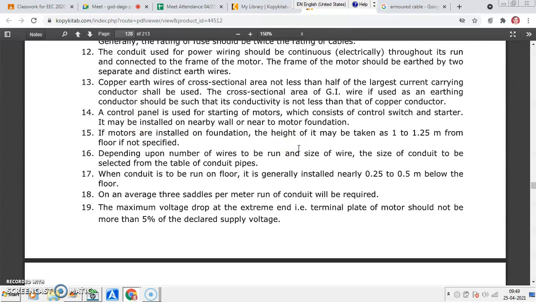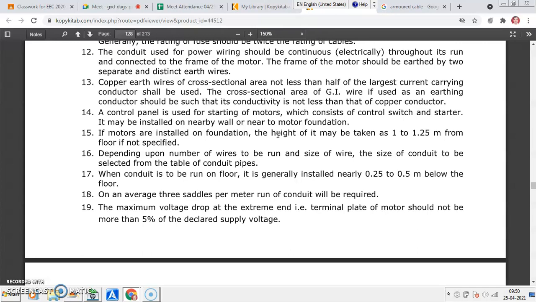Then the control panel is used for starting of motors, which consists of control switch and starter. They must be near the motor foundation and mounted on wall brackets, as we have just discussed, for easy control. Motors are installed on a foundation.